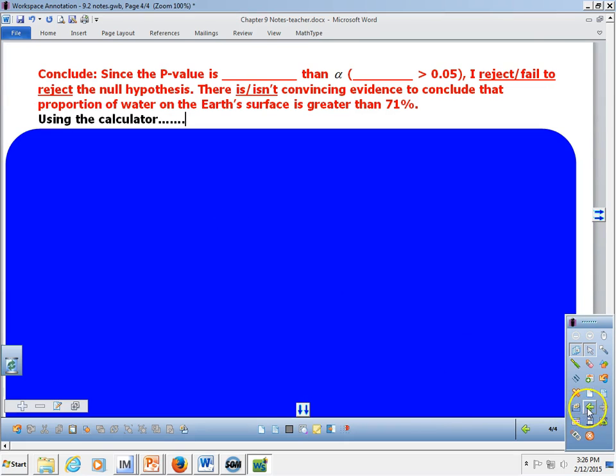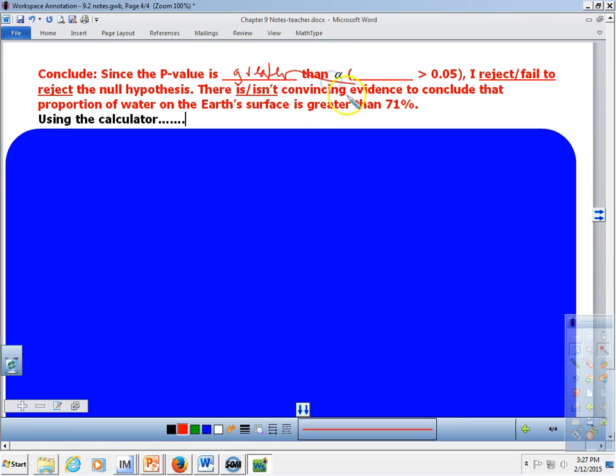Since the p-value is 21.8%, since our p-value is greater than alpha, right, and we want to show that 21.8% is greater than 0.05, then we will fail to reject the null hypothesis.